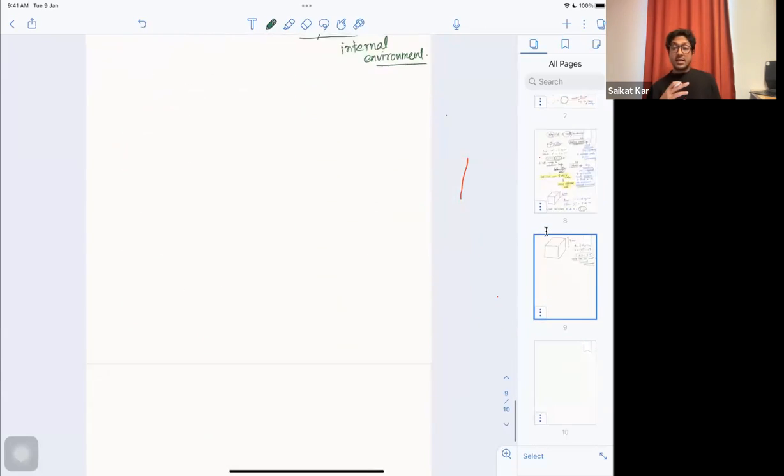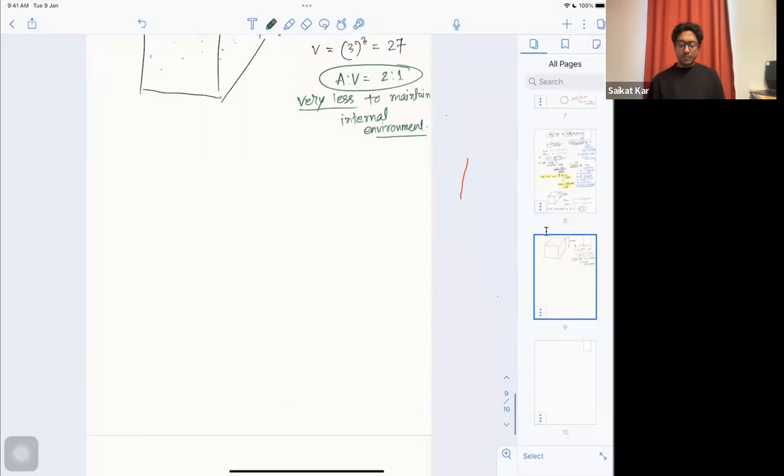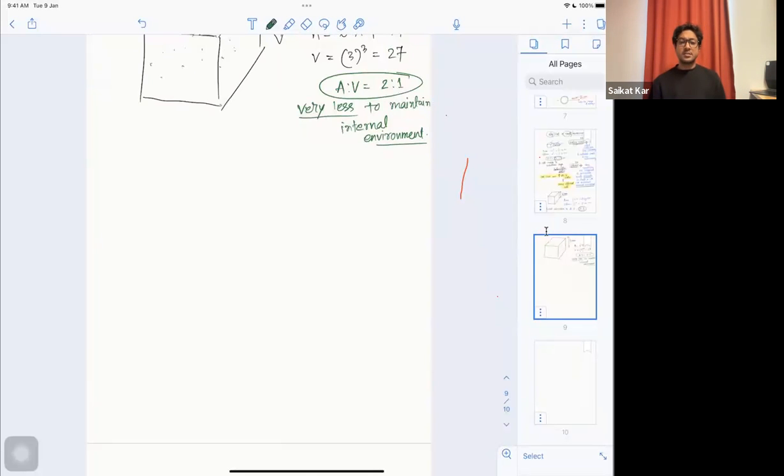So as a cell tries to increase its size, there are many cells which are very big, like a neuron. A neuron is so big that there is some neuron running from your vertebral column to the tip of your finger. So this is a long neuron. How can such neurons survive?